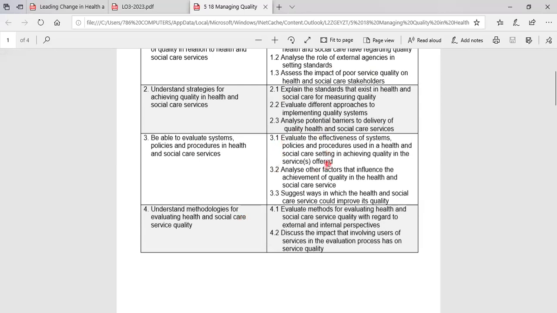And then the third bit is talking about your system, where you're evaluating the effectiveness of your organization's systems, policies, and procedures, while they're achieving quality in the services offered. Any system that you can think of which is running in your organization, or any policy or procedure, and how does it impact quality services?